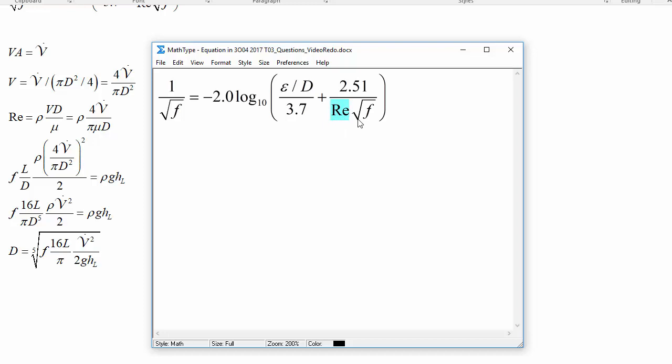So we've got rho times volumetric flow rate over pi mu times diameter. So diameter shows up twice in this equation, and then we would have to use this equation to iterate in order to find F.